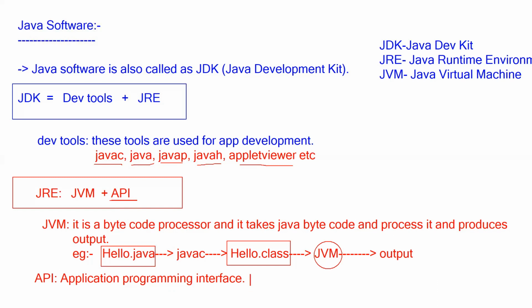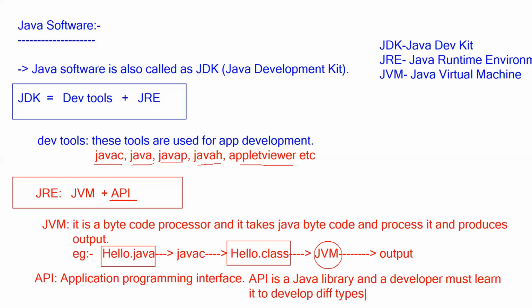For the time being, you can think of API as a Java library, and a developer must learn it to develop different types of Java apps. That's why API will be required, and that's why he should know about the APIs.